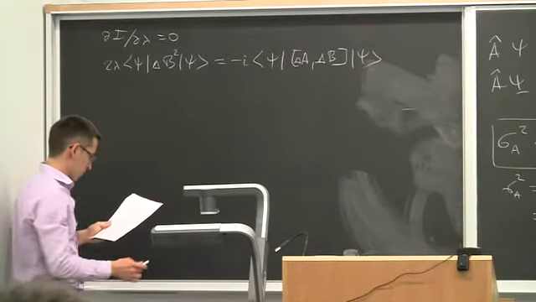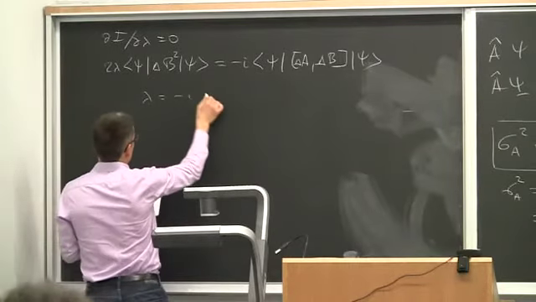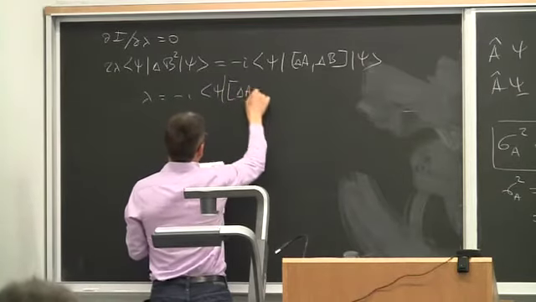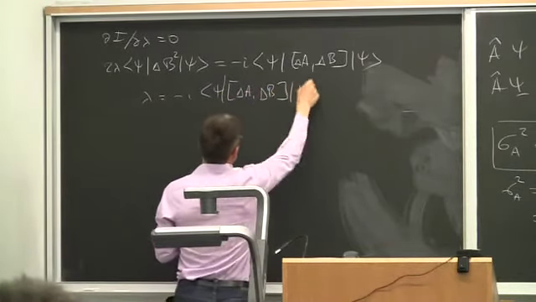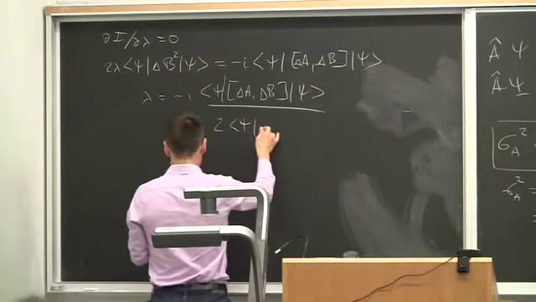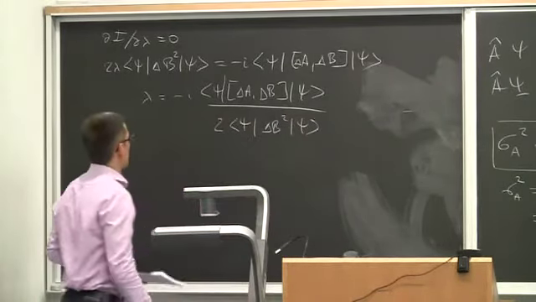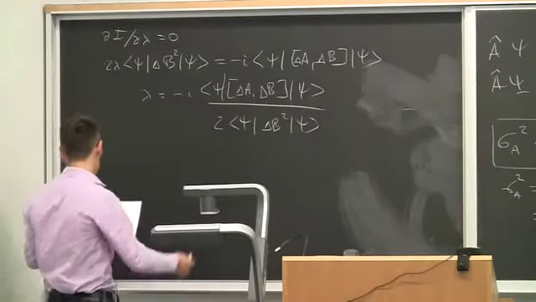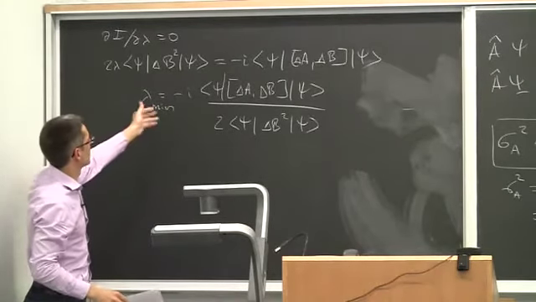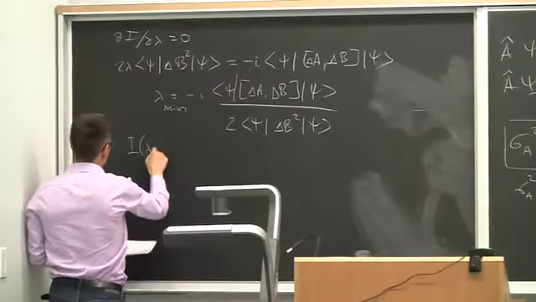All right, so now from this it's easy to see that lambda is actually minus I psi delta A delta B psi, divided by psi delta B squared psi. So that's this simple expression, and then we put this lambda that minimizes our I functional back into the I, and we write I lambda minimum.